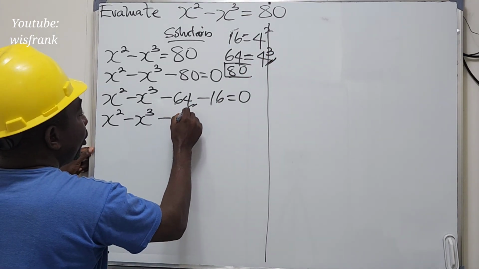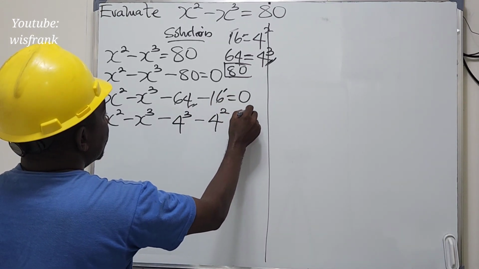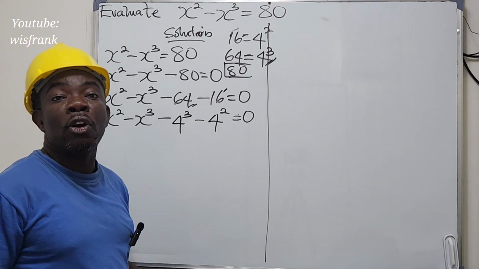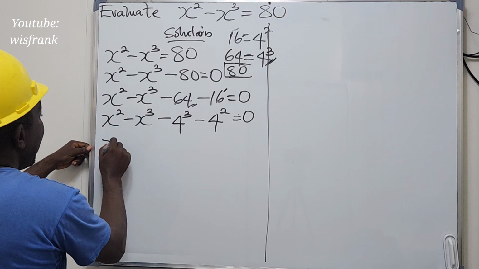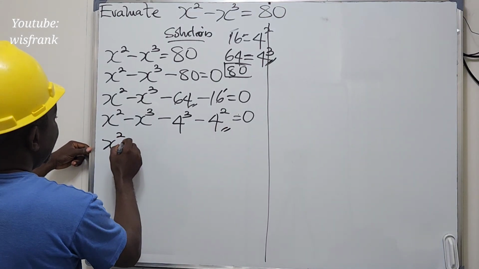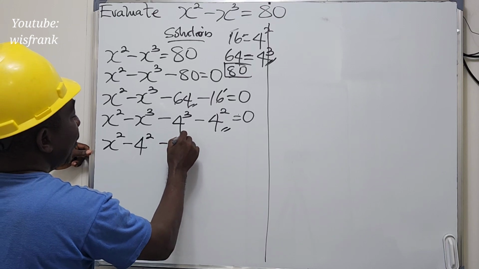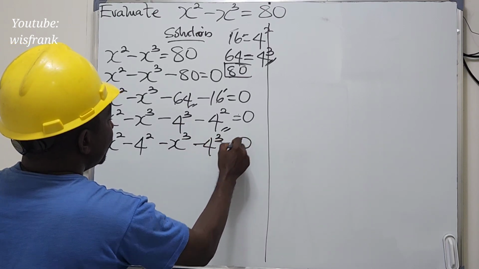So we have 4 to the power of 3 minus 4 to the power of 2 for 16 equals 0. We can rearrange based on their power of 2 and power of 3. So this will become x to the power of 2. Bring this to the other side, it becomes minus 4 to the power of 2. Then we have minus x to the power of 3. Then we have minus 4 to the power of 3 equals 0.